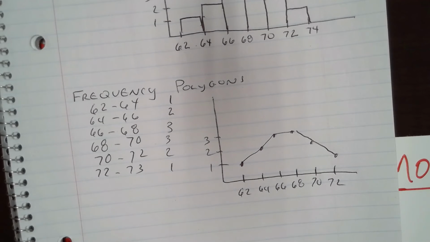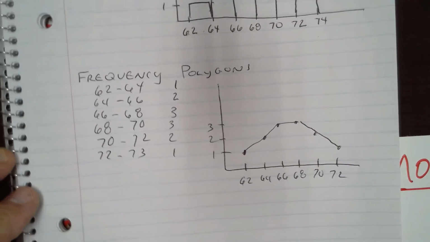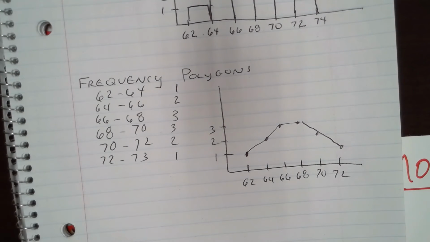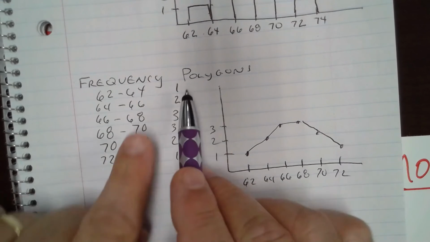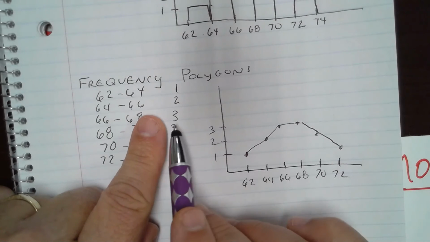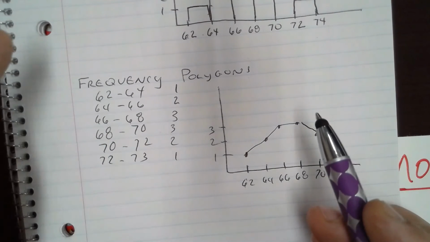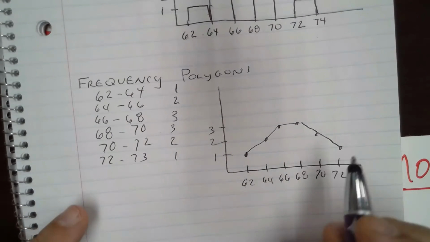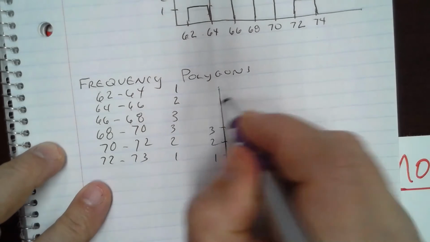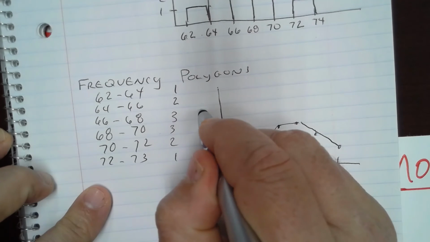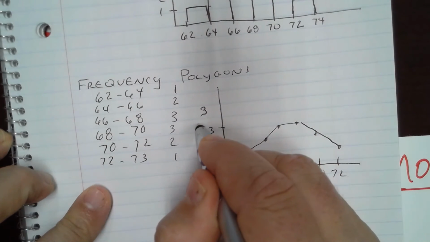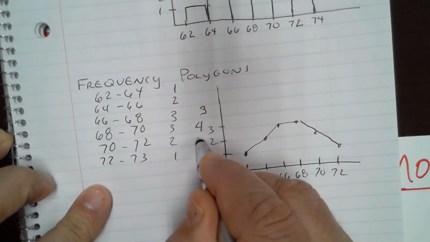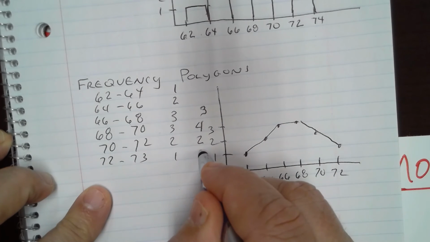You with me? Now there's this thing called an overlay frequency polygon. And all that is if I want to compare, let's say this is Montgomery Central's girls basketball team, right? And then we want to go up against Kenwood's girls basketball team. And so they may have 3 people that are this height and 4 that are this height and 2 that are this height and 2 that are this height.